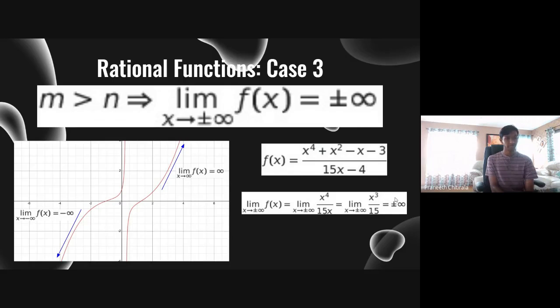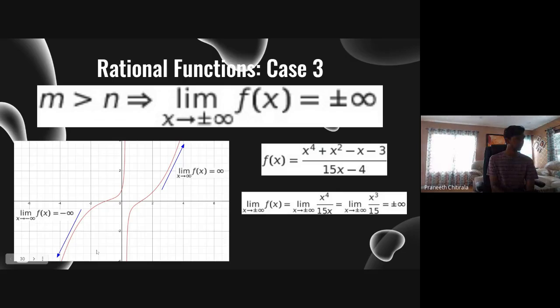And that will equal plus or minus infinity, because as x approaches plus or minus infinity, x cubed will go to plus or minus infinity. And you can see by this example, as x approaches positive infinity, f of x goes to positive infinity. As x approaches negative infinity, the limit of f of x approaches negative infinity, right here.